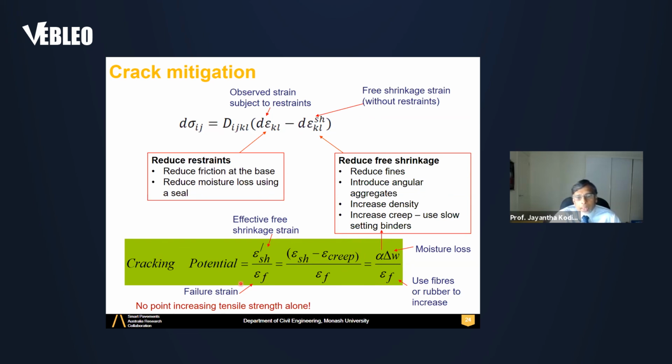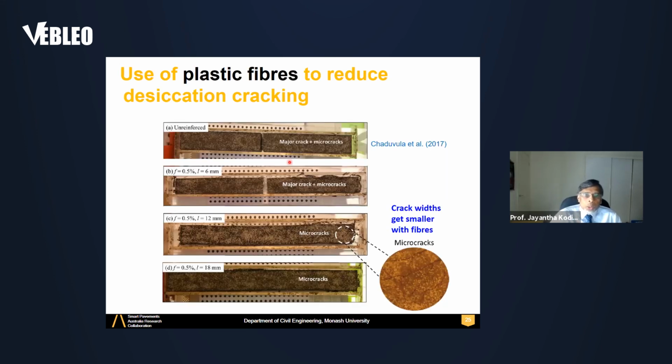No point increasing tensile strength alone, because when you increase tensile strength alone, your modulus also increases, and the failure strain drops. Therefore, that's not of value. You can use plastic fibers. In this picture here, you show that using plastic fibers, you can reduce cracking.